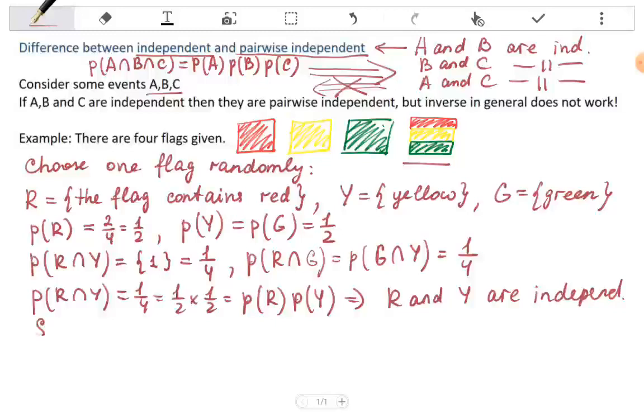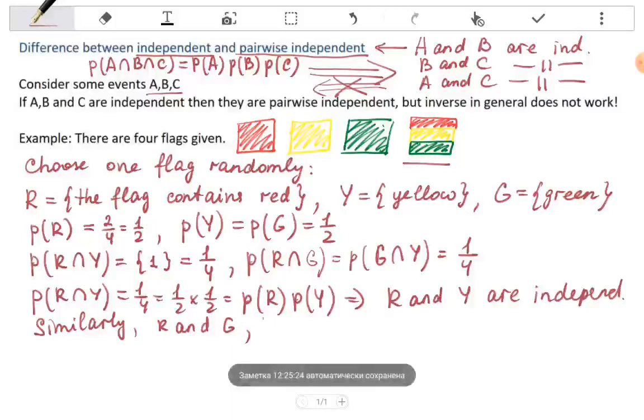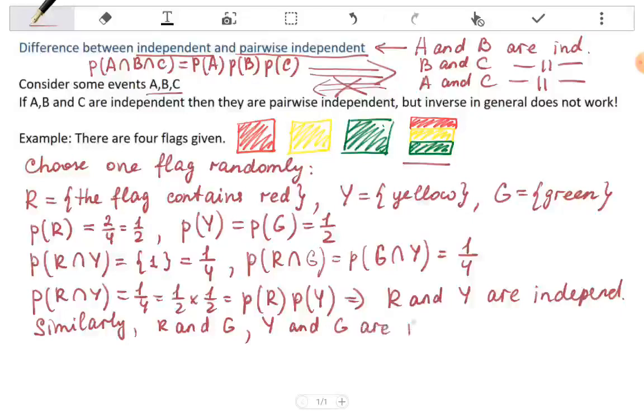And similarly, R and green, and yellow and green are independent. So we may conclude that these three, R, yellow and green, are pairwise independent.